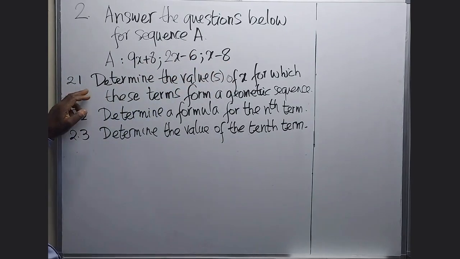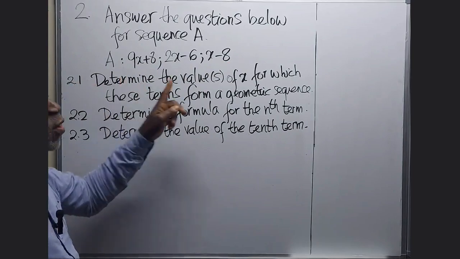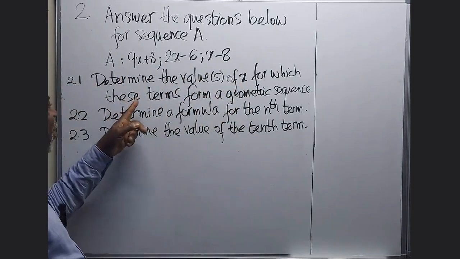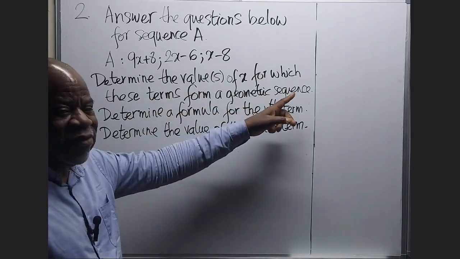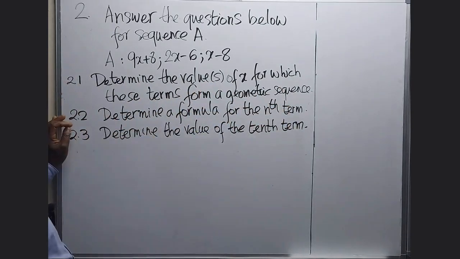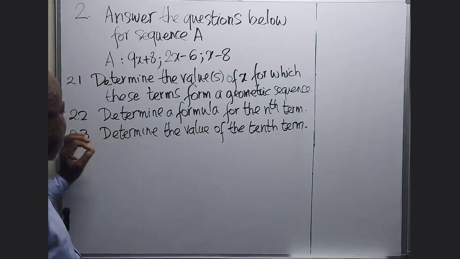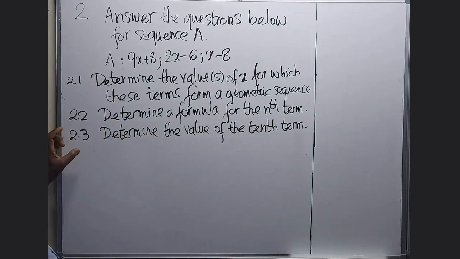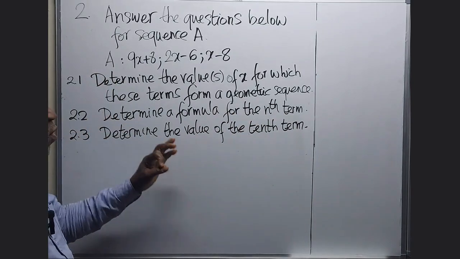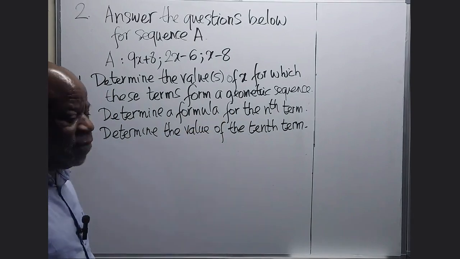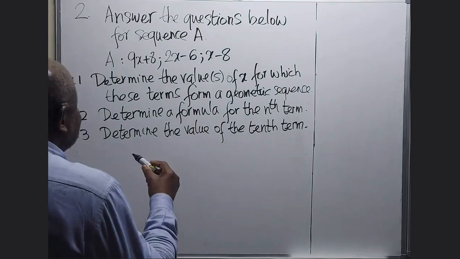The first question is, determine the values of x for which these terms form a geometric sequence. Question number 2, determine a formula for the nth term. And the last question, 2.3, determine the value of the 10th term. Okay, let's take the solutions.